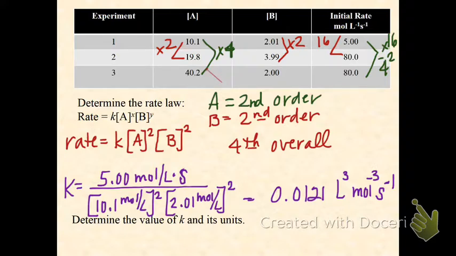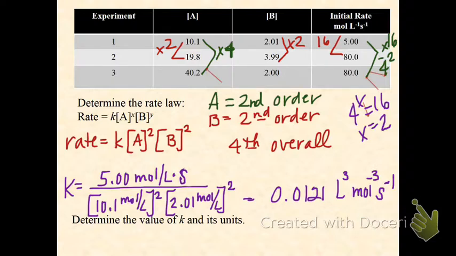And when I quadrupled the rate, it went up by 16. So 4 to the x equals 16. That means x is going to have to be equal to 2. So that gives me a second order for A.